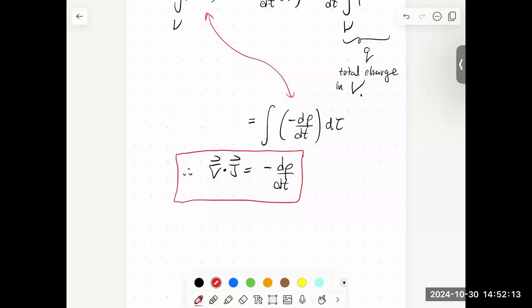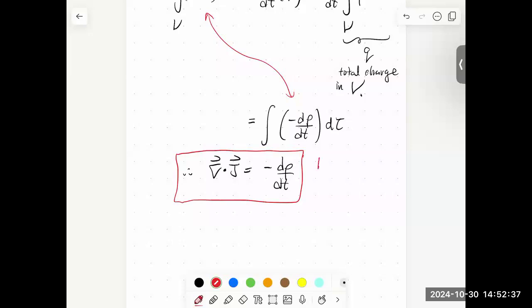This is a statement about charge conservation, right? Because we imagine we have some charge per unit volume flowing throughout our volume. Some of that charge may exit our volume. If it does, there must be a corresponding change in the charge density of that object.